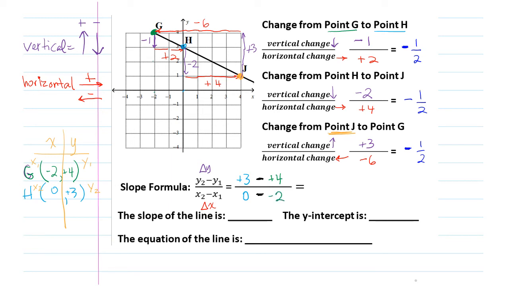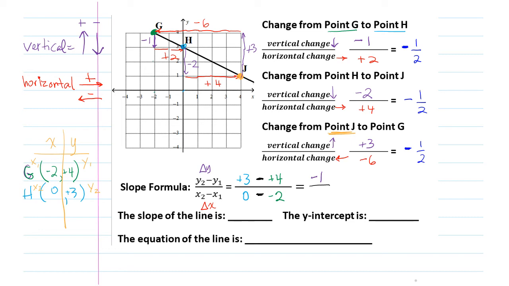Y'all, this is where our integer rules really come into play. I've got 3 positives and I'm taking away 4 positives, so in actuality that would equal negative 1. If I have 3 and I'm taking away 4, do you hear the dogs? Okay, and then I have 0, take away a negative.